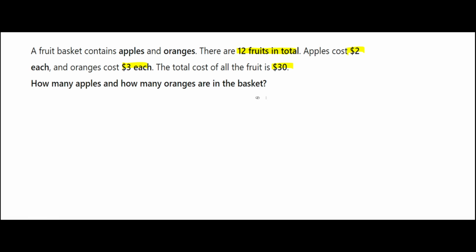Okay. The first thing we do with any of these is to use the let statement. So I'm going to say let A be equal to the number of apples.